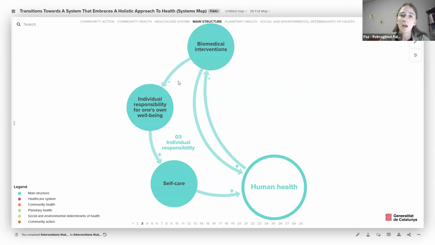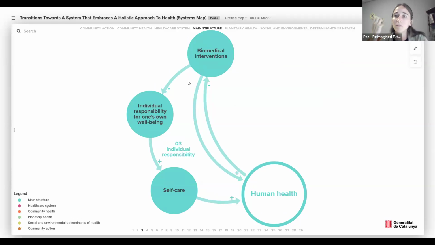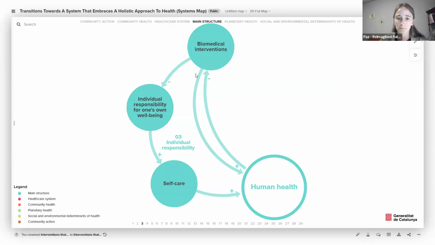In this case, the biomedical intervention decreases or diverts the focus of individual responsibility for one's well-being. So the biomedical model's dominance affects how self-care is perceived by individuals. And by presenting health as a matter of medical intervention, something external to individuals, it weakens the sense of individual responsibility for holistic well-being. This is why it is called shifting the burden.